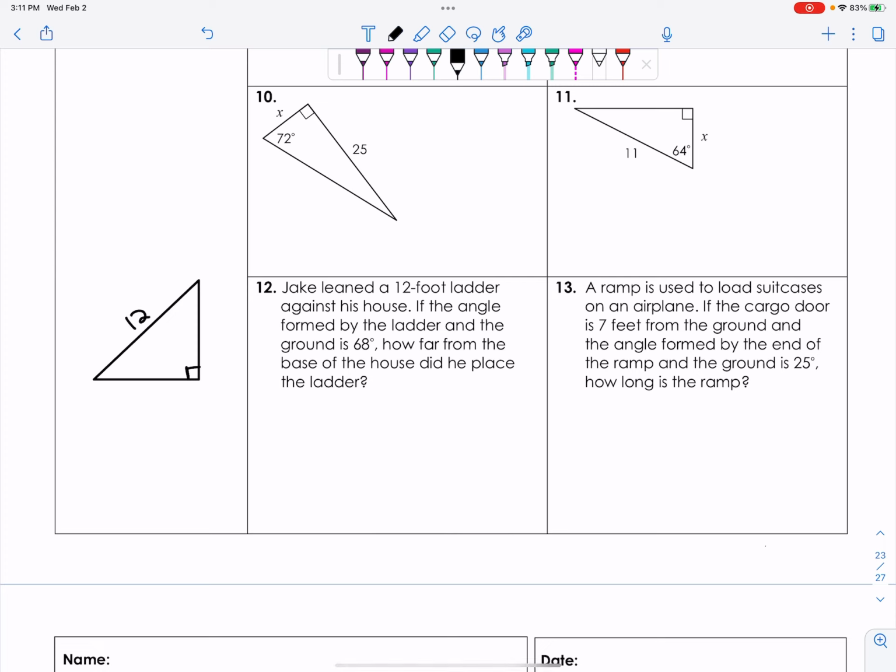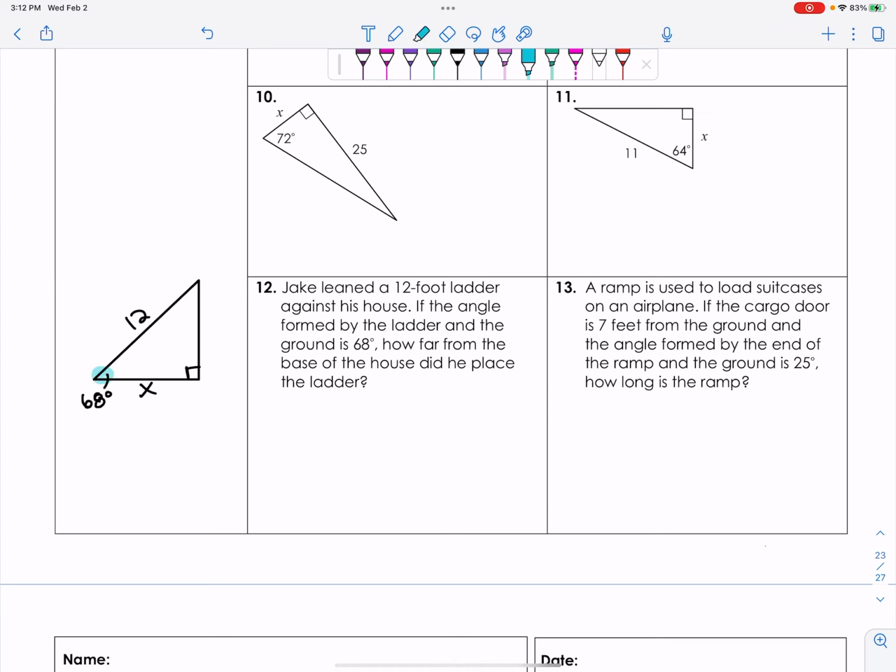Our ladder is 12 feet long, and our angle that it's making with the ground is 68 degrees. The distance from the ladder to the base of the house is right here. It's x.